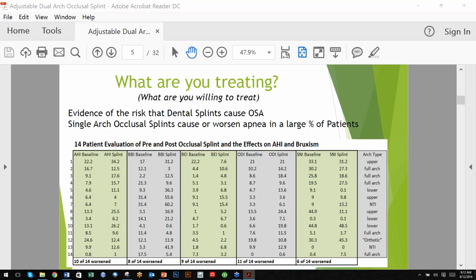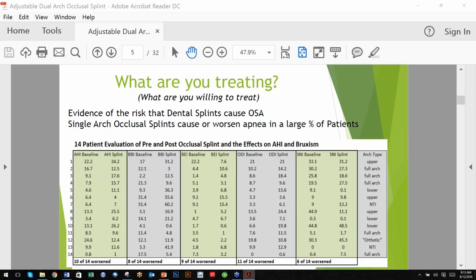Okay, so when we get down to the nitty-gritty of bruxism, now that we can measure it, we can sort the type of bruxism into different categories. And because we can measure it on a timeline with some other parameters, the airway parameters, we can triage: is this truly a bruxer, or is this somebody that has an airway issue?